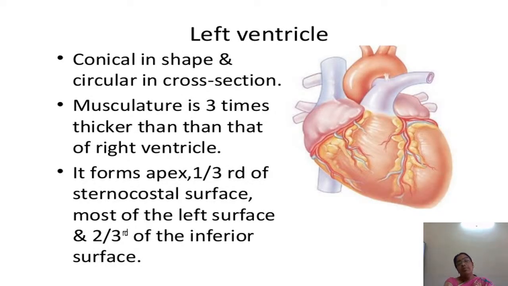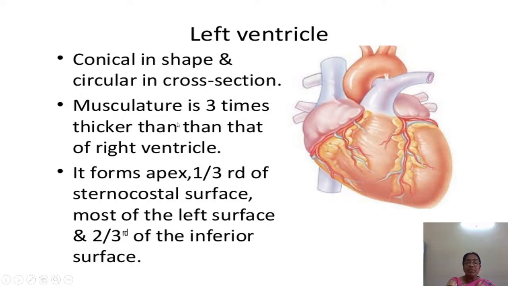When you see the left ventricle, this is the right ventricle, ma'am. This part which is forming the apex is the left ventricle, and it is more thick. The reason for going into this chamber very precisely is that the musculature of the left ventricle is 3 times more than that of the right ventricle.